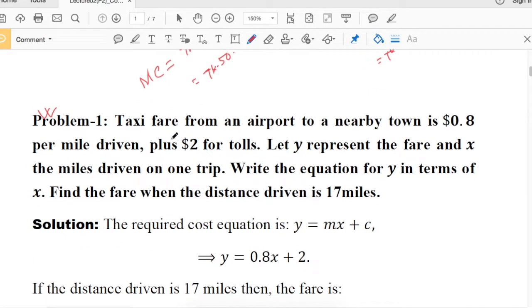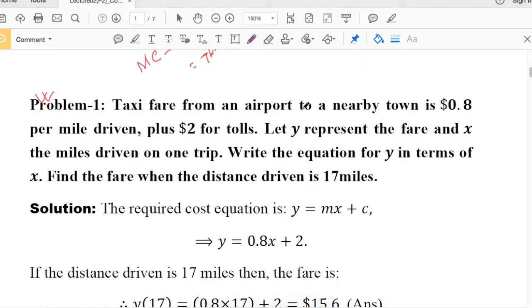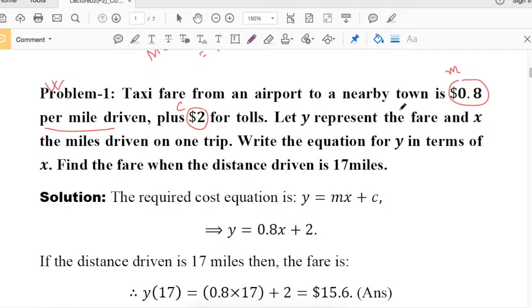Taxi fare from an airport to a nearby town is $0.8 per mile driven. So this is your M, cost per mile, and this is the tolls plus tolls for one trip, that is your C. Let y represents the fare and x represents the number of mile driven on one trip.